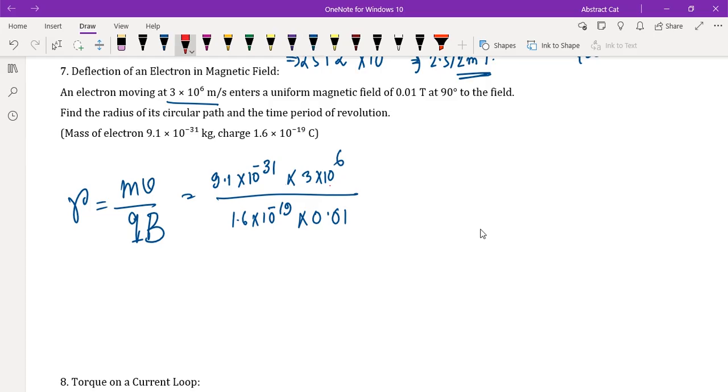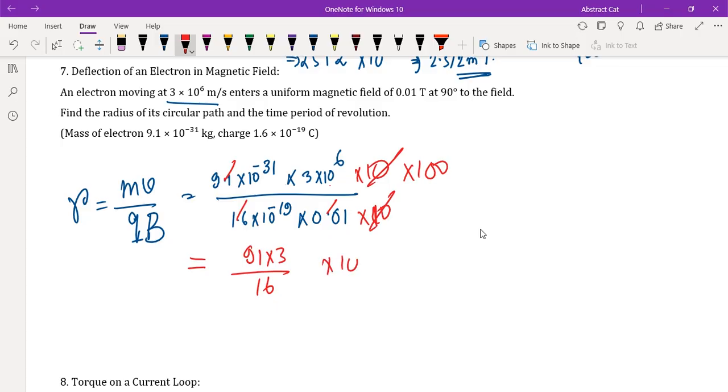Now we remove the point here, which gives 10, and the point is 10 here with a 100, so the 10 will cancel. So finally you get 91 into 3 by 16. The powers are 10 to the minus 31, and 6 plus 2 is 8, 10 to the power 8, over 10 to the power 19.